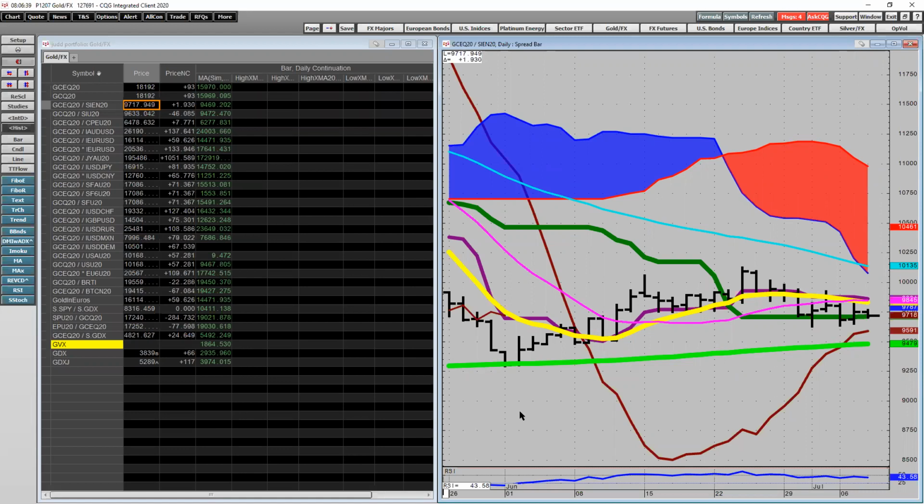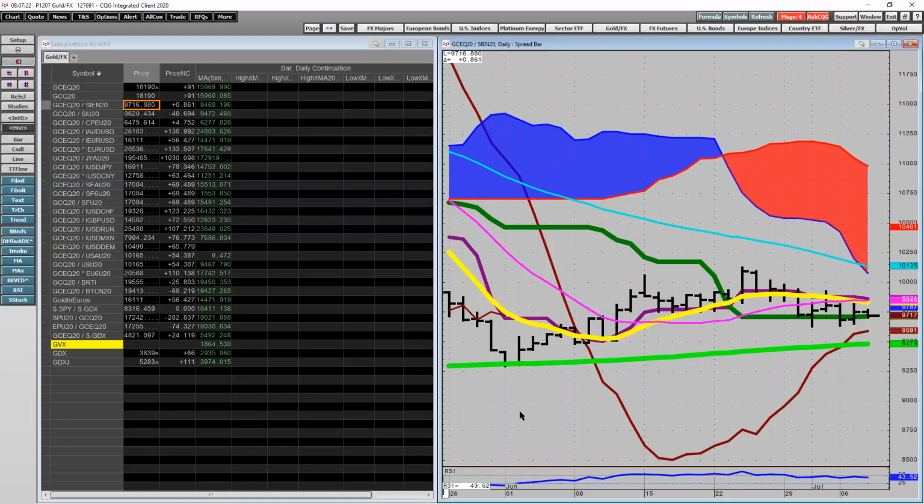We can also do a percentage, where we take the net change and divide it by the starting price, or the ratio the day before. That gives you a percentage in decimals, and then you multiply that times 100 to get a percentage change. So it all depends on what you're looking at, but most of the spreads you're looking at, with the exception of the currencies, are ratios between two figures rather than an actual spread.